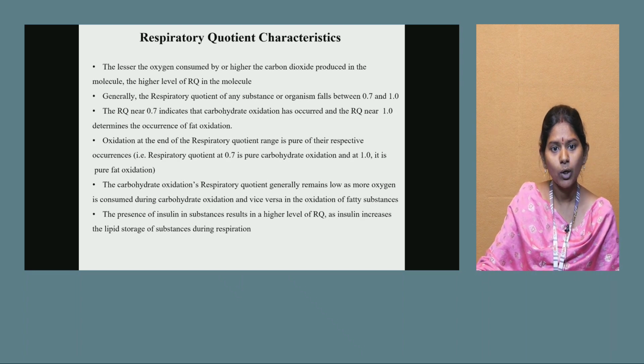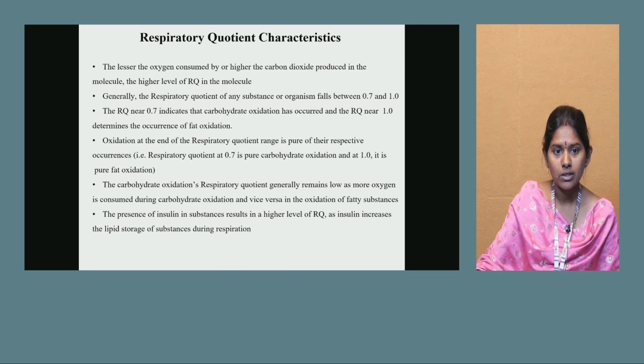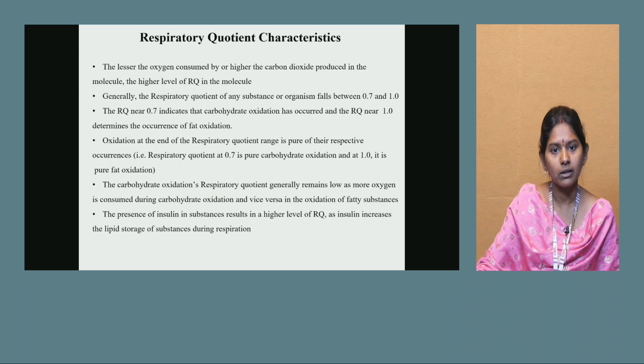Moreover, the respiratory coefficient of carbohydrate oxidation generally remains low as more oxygen is consumed. In the glycolysis pathway, a larger amount of oxygen is consumed. Hence, the respiratory coefficient for glucose will be very low, it might be equal to 0.7.